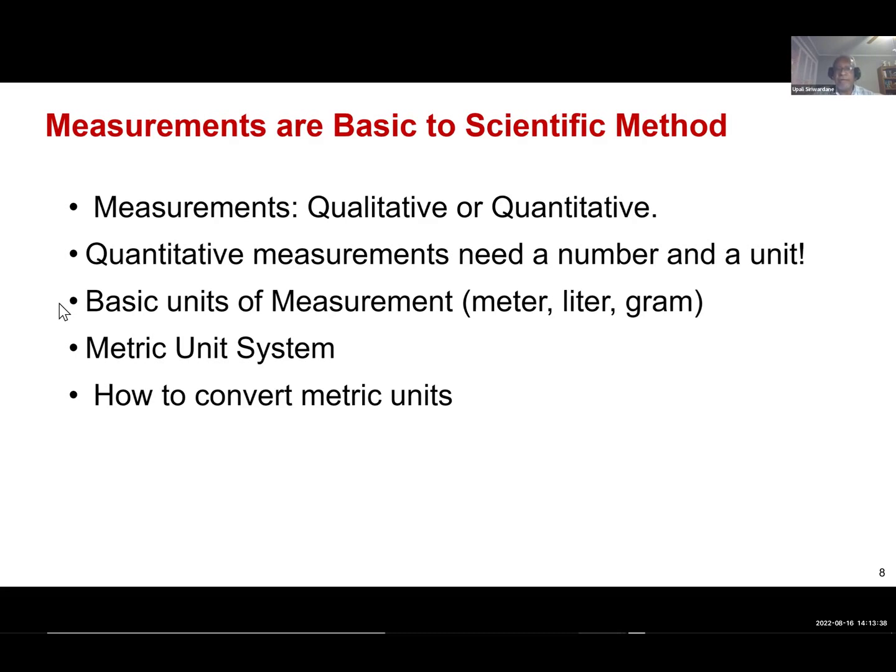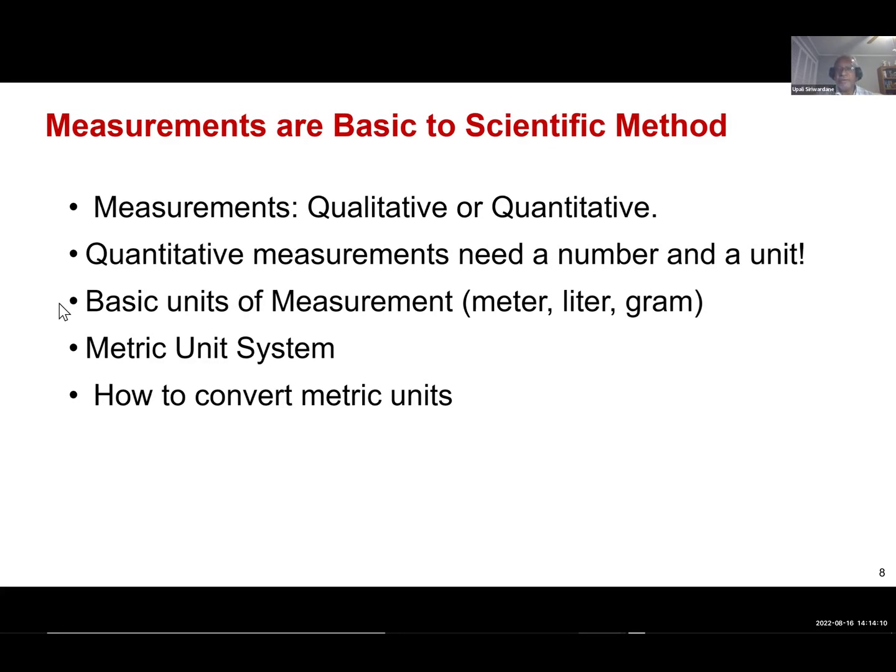The first object weighs more than the second object. There's no number. The color changed from yellow to green. So there's no number associated. That's a qualitative measurement. Qualitative measurements are not very important in sciences. It's the initial observation. That is followed by quantitative.